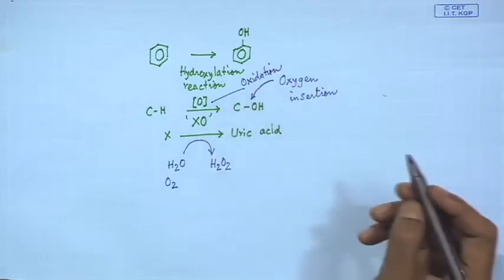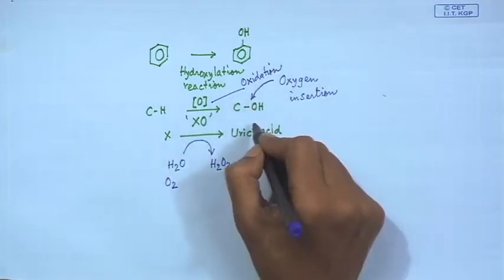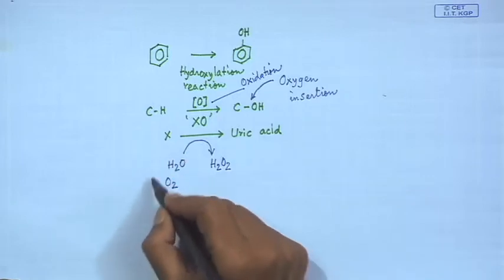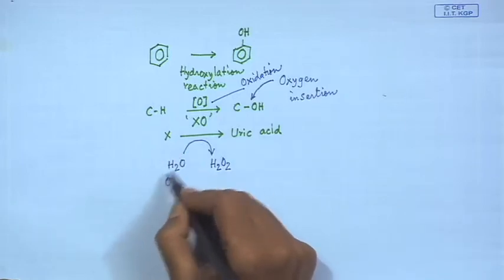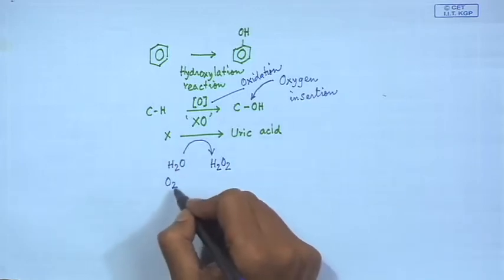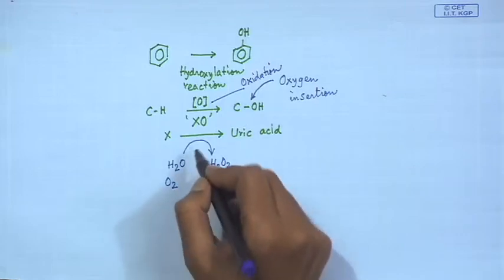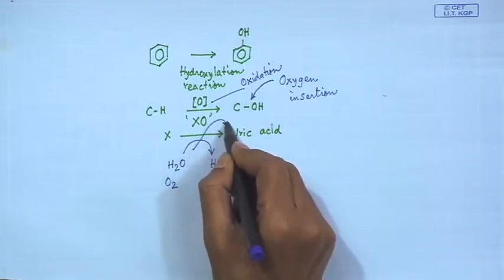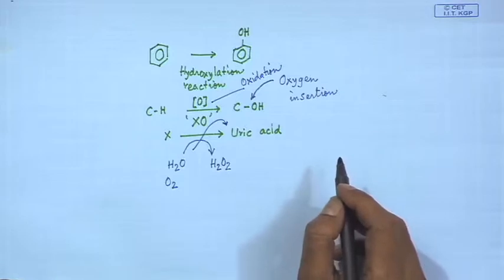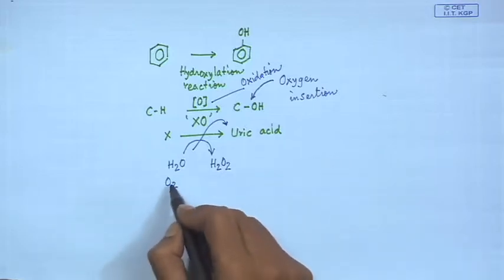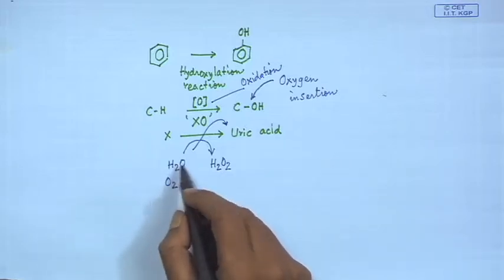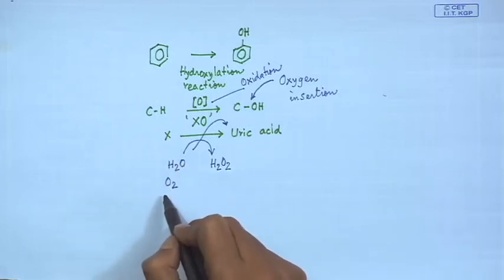So, the oxidation takes place through oxygen insertion, and due to the mixture of water and dioxygen, you have one extra oxygen. That oxygen goes there to get uric acid from the xanthine molecule. So you have two reagents, water and dioxygen.